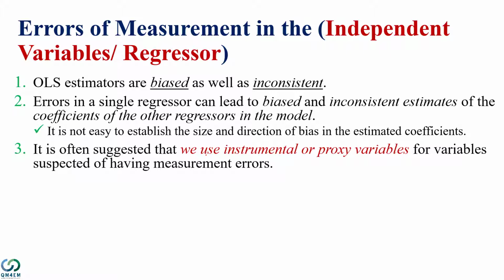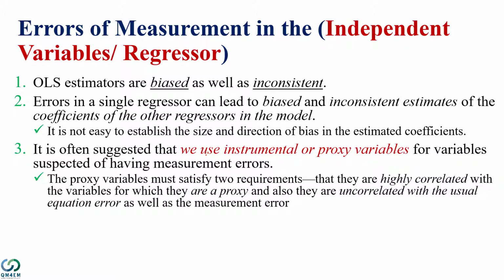The variable which you are using as a substitute is called a proxy variable or an instrumental variable. However, an instrumental variable can be used with certain minimum conditions. There are two major requirements to use any instrumental variable, and these are: first, the instrumental variable has to be very strongly correlated with the variable for which it is being used as a proxy.